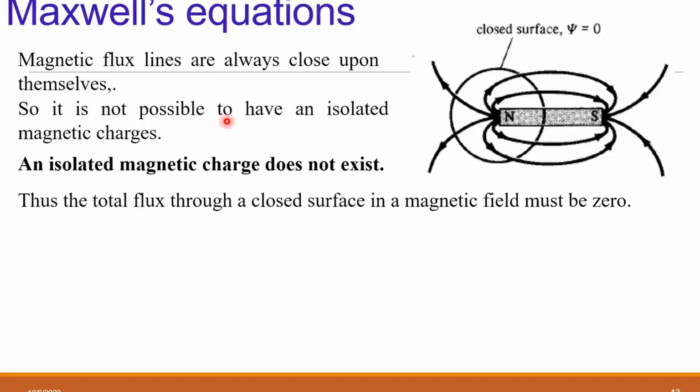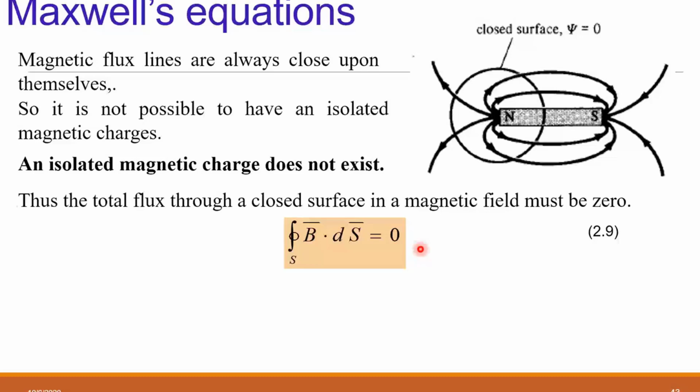Whatever the density, if it is more dense, then the lines of flux are more in number. It is not possible to isolate N or S magnetic charges. An isolated magnetic charge does not exist. Thus the total flux through a closed surface in a magnetic field must be zero.